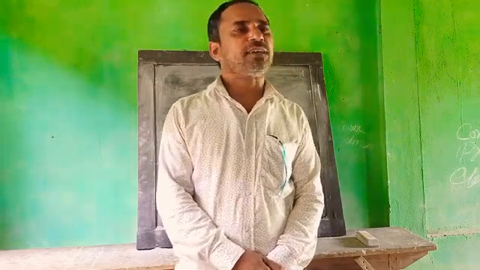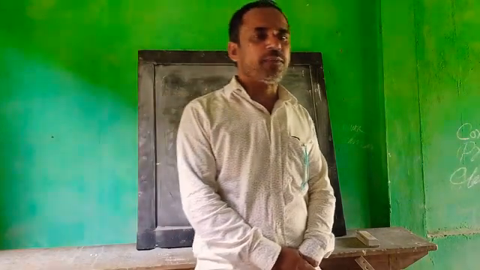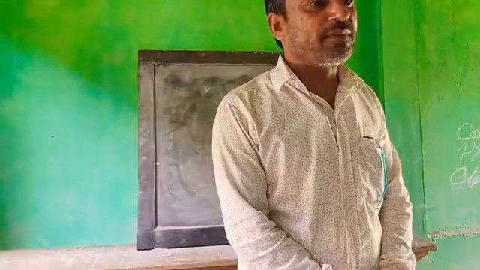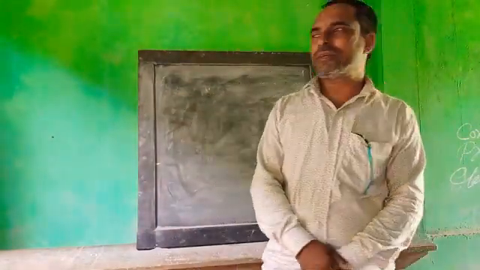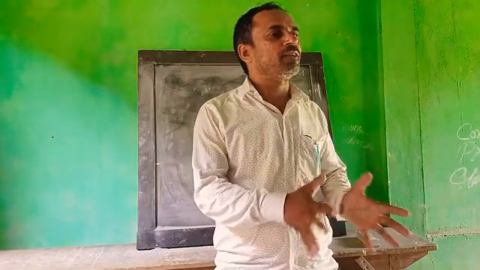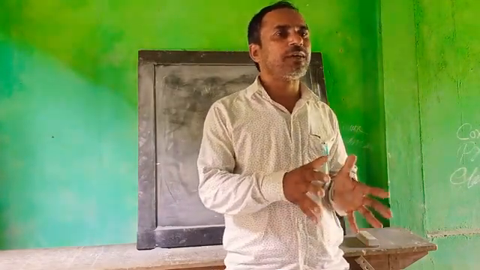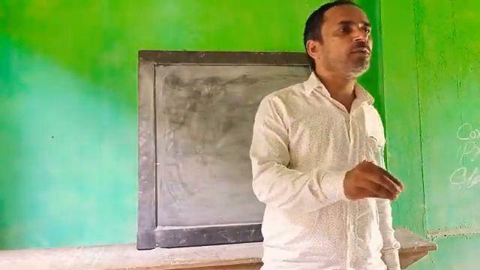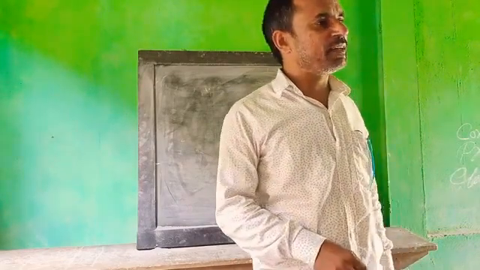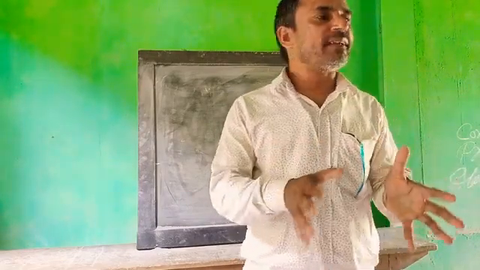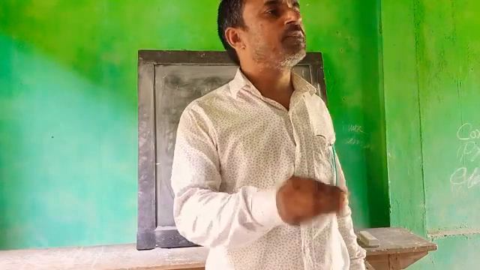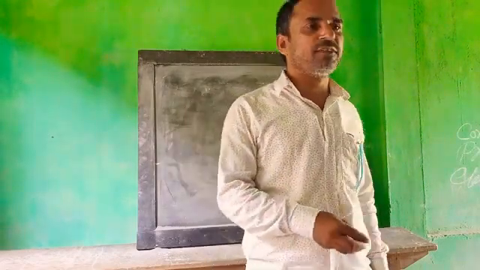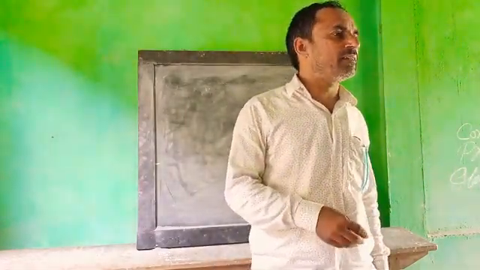Students, I was discussing the constitution, when and how it was formed. It was formed by the drafting committee, but the drafting committee was not the higher authority to approve the constitution. Their duty was only to make the draft, and after completing it, it was submitted to the president of the Constituent Assembly, Dr. Rajendra Prasad.